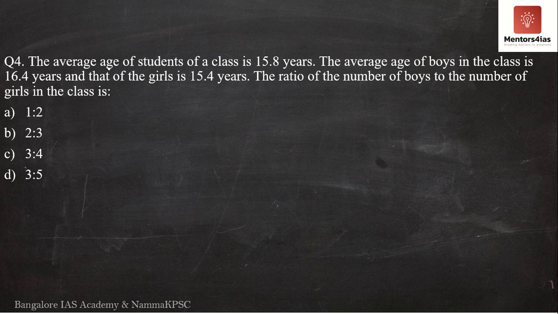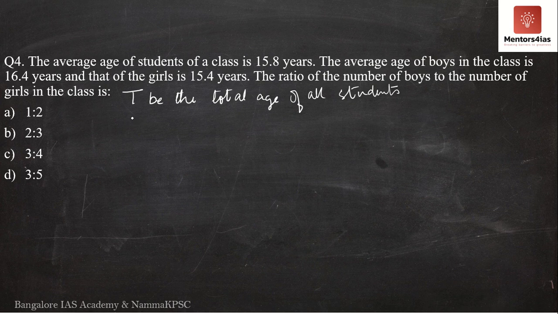Here it is saying the average age of students of a class is 15.8 years. So I am going to say let T be the total sum of the age of all students in the class.